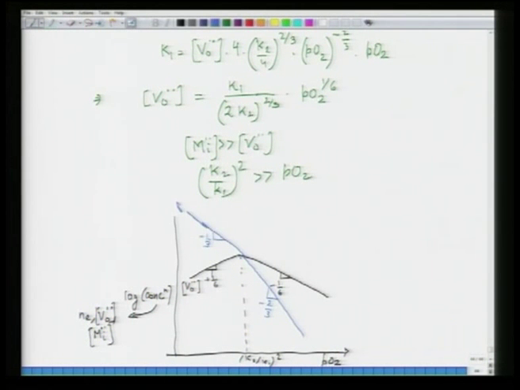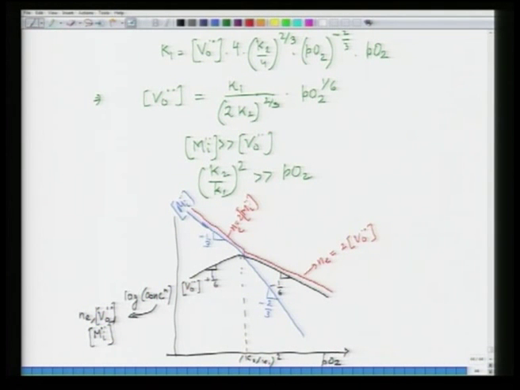So, this will be your Mi, and if you want to plot n, n is nothing but in this region 2 of Mi, and in this region it is 2 of VO. So, up to this point n is equal to 2 of Mi, and in this region Ne is equal to 2 of VO.